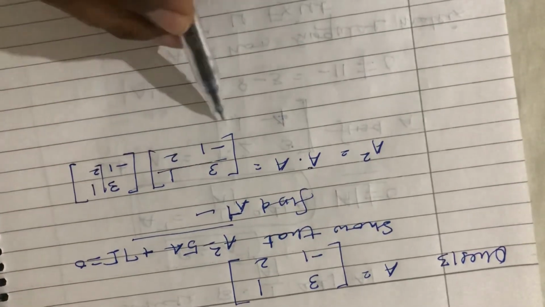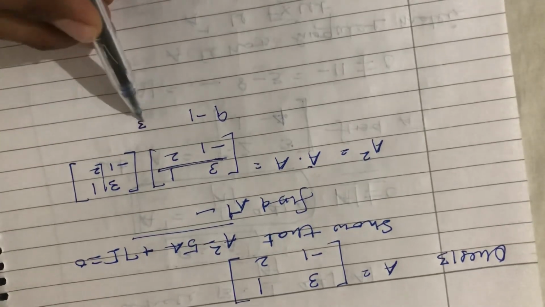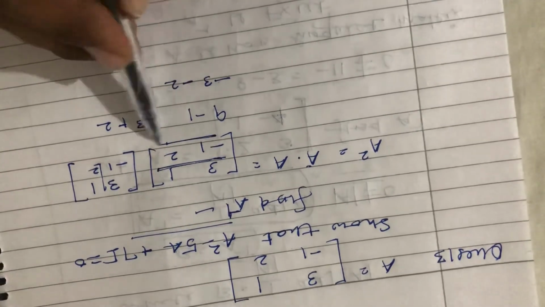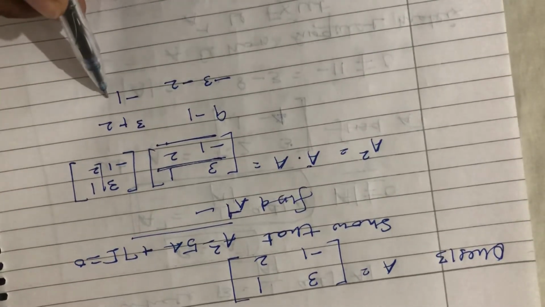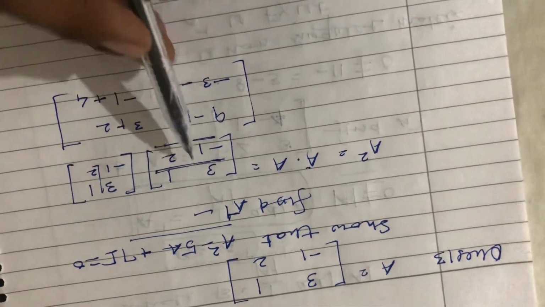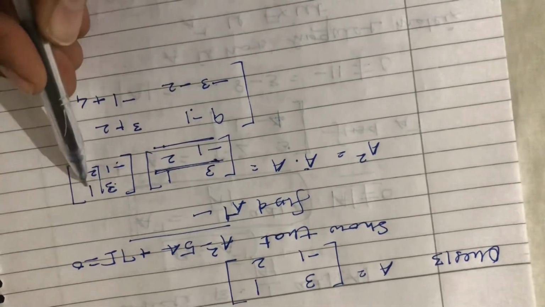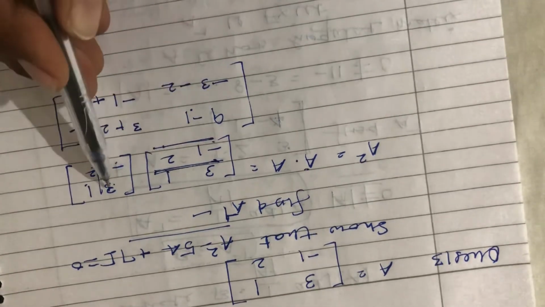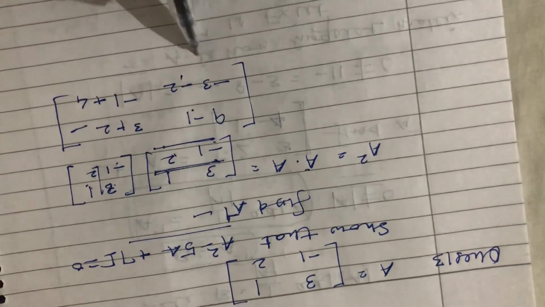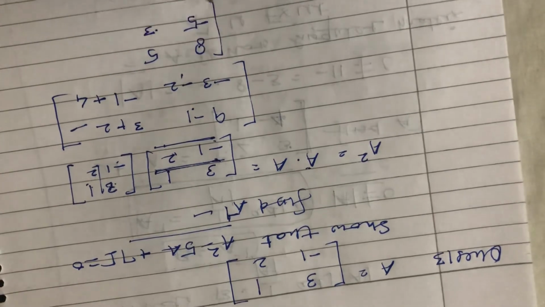It is 9 minus 1, same 3 plus 2, it is minus 3 minus 2, same we have minus 1 and plus 4. Correct? Repeat, recheck again. It is 3 into 3, it is 9 with minus 1. Correct? 3 plus 2. Correct? It is minus 1 minus 3 with minus 2, minus 1 and plus 4. Then it is 8, 5, minus 5 and 3.